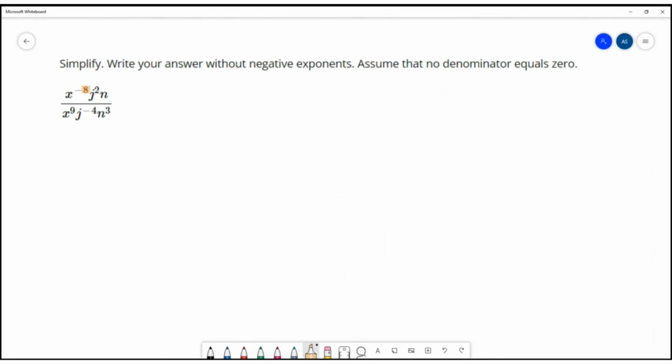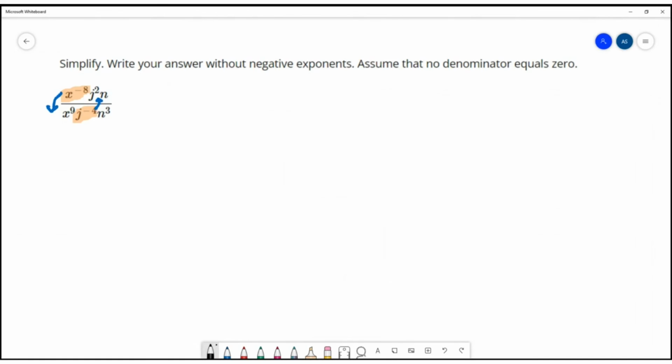So this factor has a negative exponent and it's in the numerator. So if I move that factor to the denominator, it applies the negative and the negative goes away. The same thing happens with this factor. It has a negative in the exponent. I'm going to move that factor to the numerator and that applies the negative.